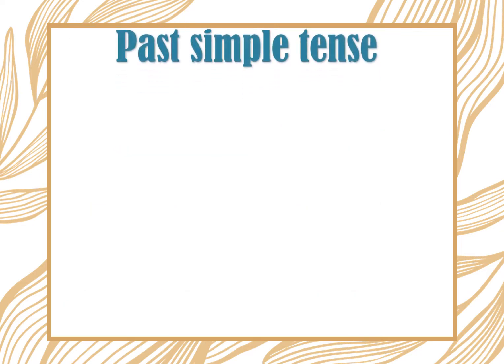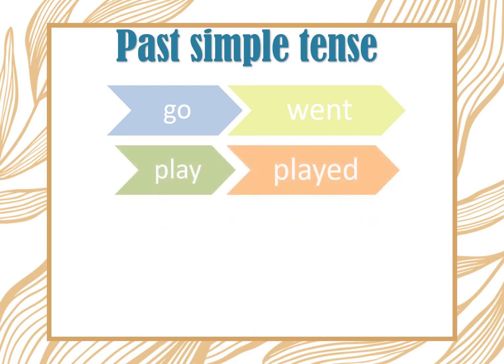Here I will show you some of the most used verbs in grade 4, and how to transfer them into the past simple tense. Go, in the past simple tense, becomes went. Play, played.